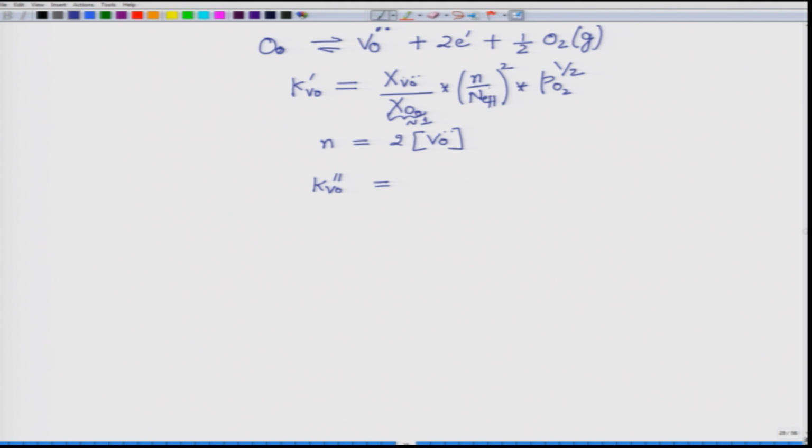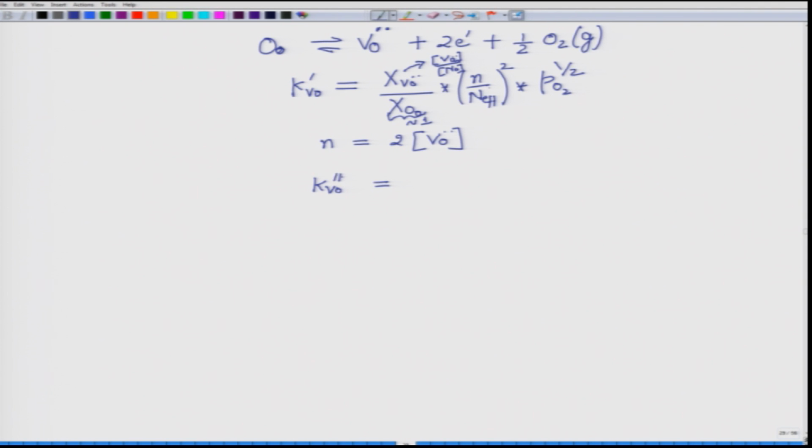So, the denominator of this will translate to V O by N O, where N O is the number of oxygen sites. Now, this is a constant, this is a constant. So, we will pull it to the left hand side and club them together, and so now we have K V O double prime.